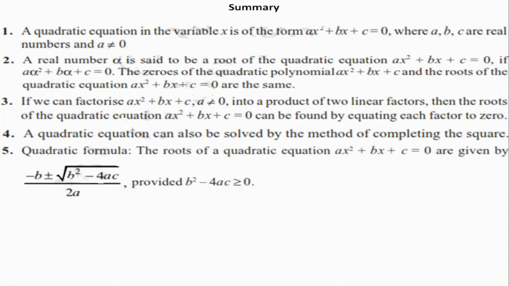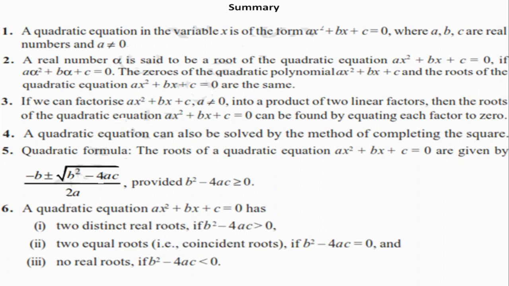And what is the formula for getting zeros or roots? Minus b plus minus root over b square minus 4ac upon 2a, where b square minus 4ac is greater than or equal to 0. This is the condition for real roots.